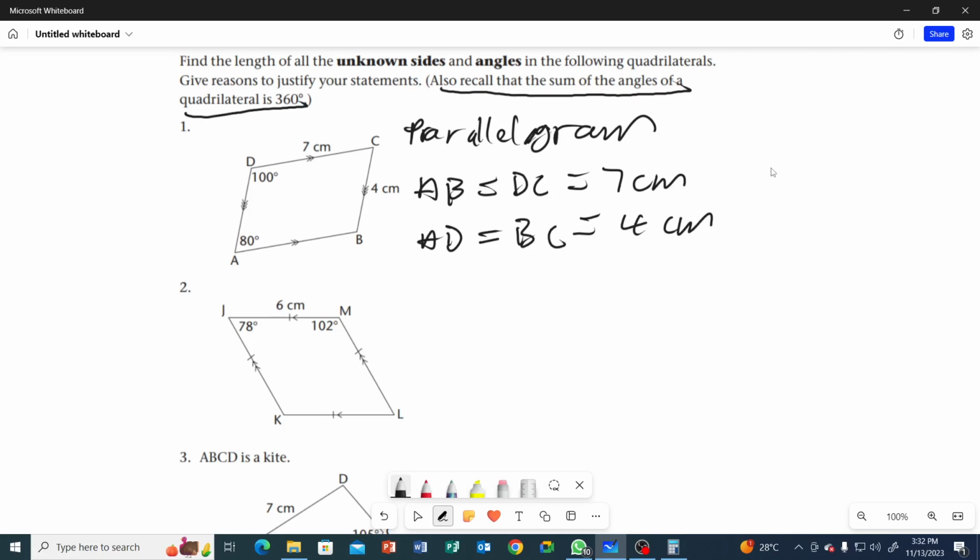The network issue has started. It's opposite sides of a parallelogram.